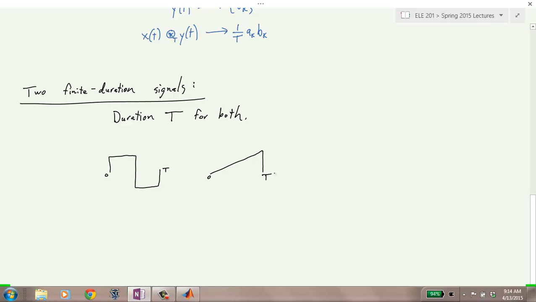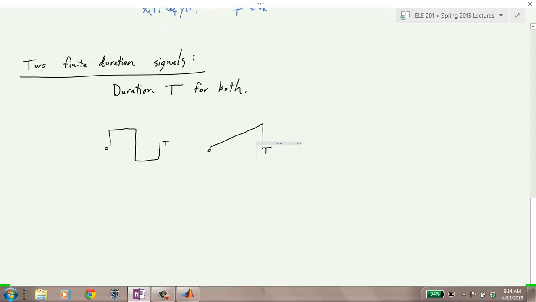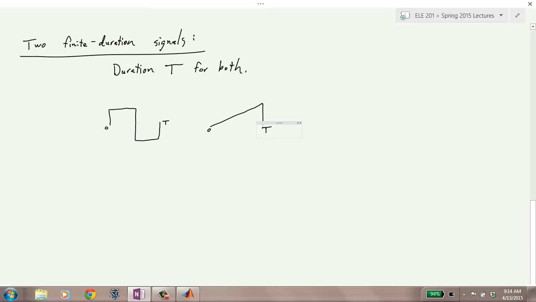Circular convolution will result in a signal that is the same length as what they started with. So maybe we should first talk about what would happen if you convolve these regularly without doing circular convolution. So let's on the side here do regular convolution.